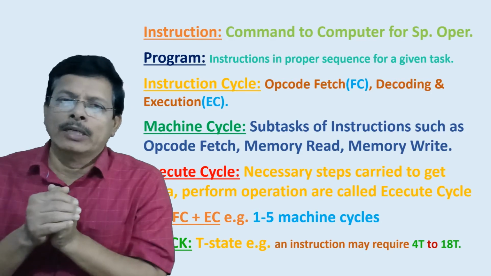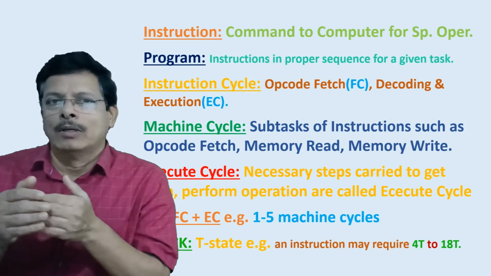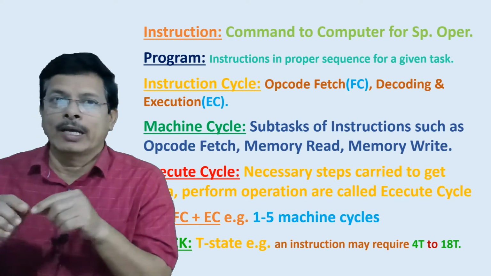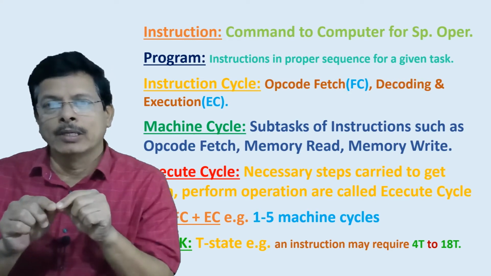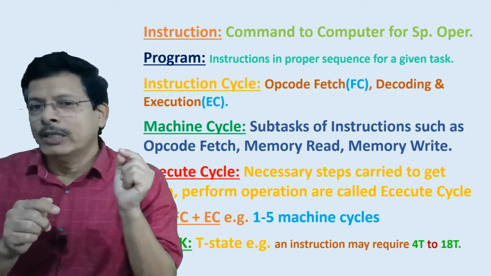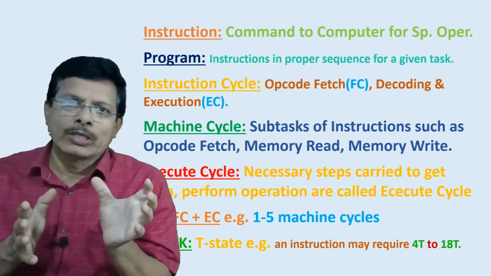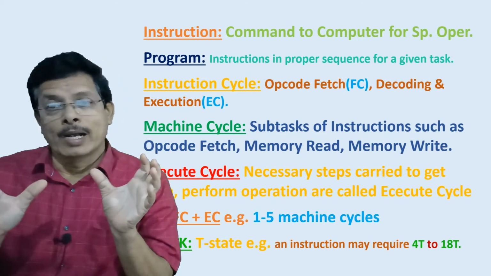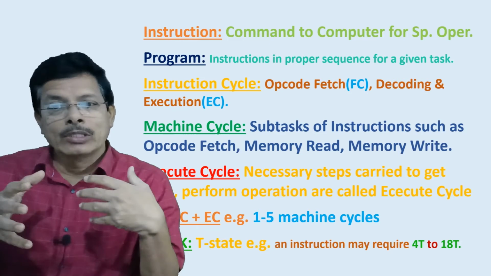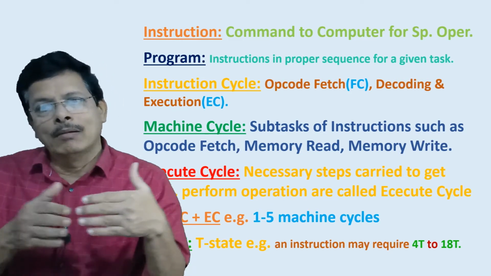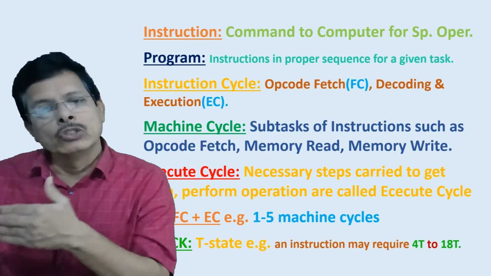After decoding, it may perform reading the memory or writing the memory and perform the specific operation designated by the operation code. So an instruction has two main parts, opcode and operand, and the instruction cycle has two main parts, that is the fetch cycle and the execute cycle.